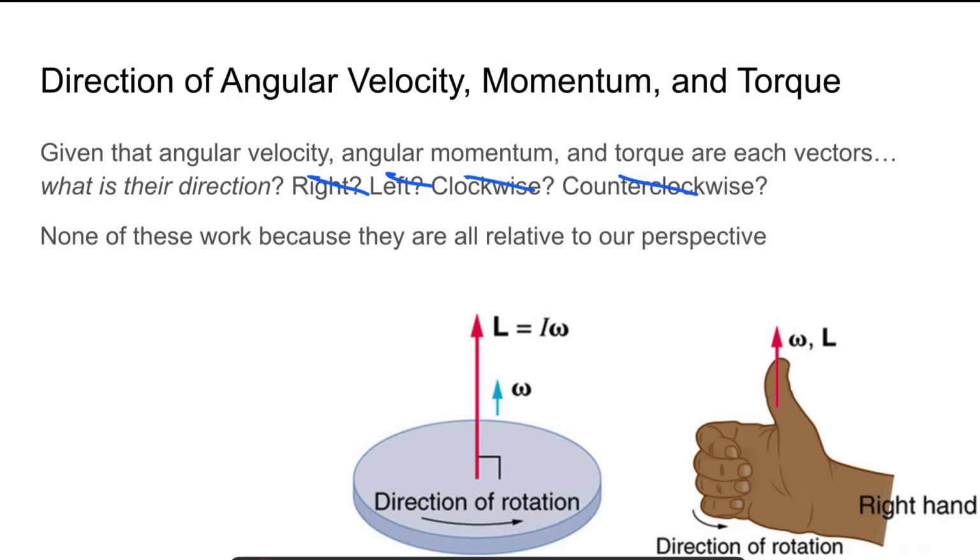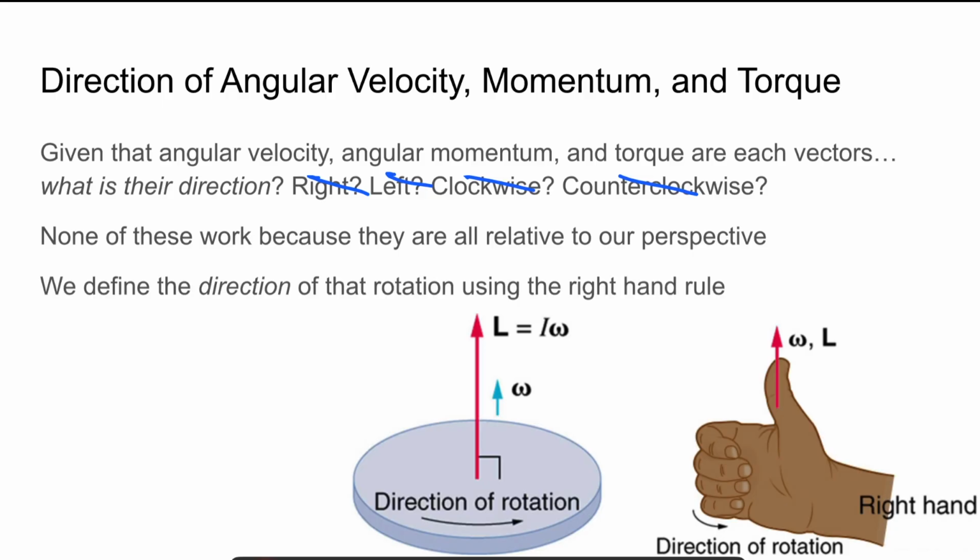So our direction is important here, and since direction is important, we came up with a convention to describe it. Rather than thinking in the plane of the disk itself, we think in terms of an orthogonal, normal, or perpendicular axis coming out of that plane of rotation.